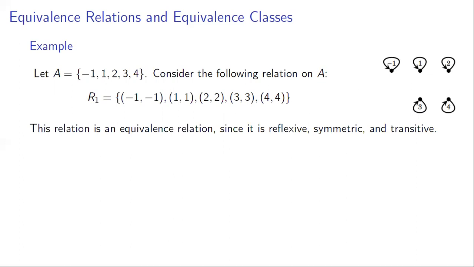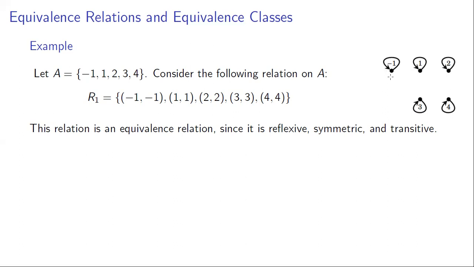It might not seem so obvious that the relation is symmetric. But let's explain why. Symmetric says that whenever A is related to B, B has to be related to A. Well, that is true. Whenever, let's say, -1 is related to 1, 1 is also related to -1.